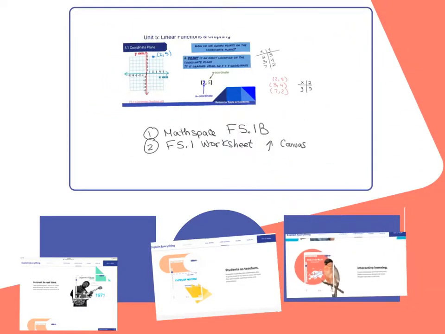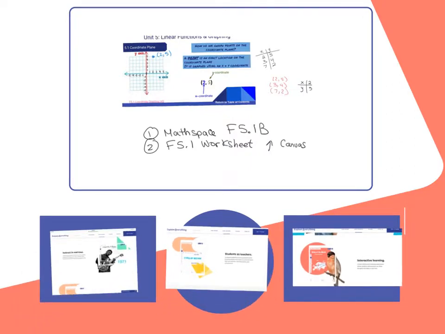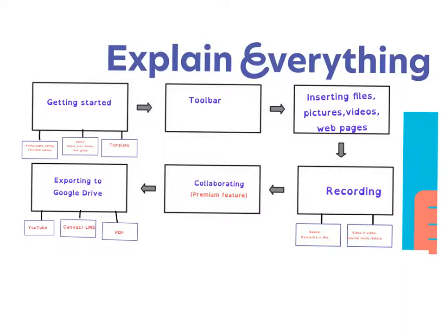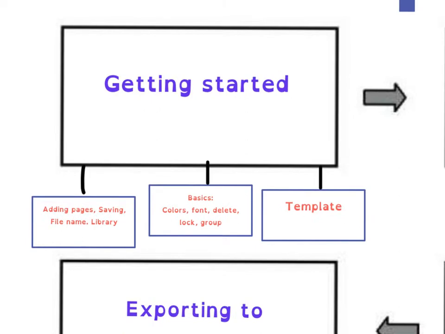So I'm going to go through step by step how to create your own lessons using Explain Everything. So the first thing that we can do is through the Getting Started feature. I'm going to go through a little flow map to take you step by step through this.